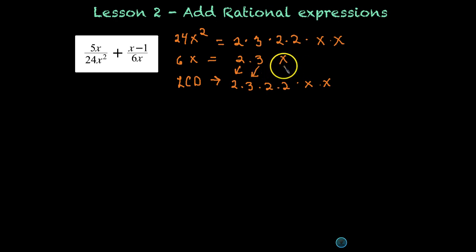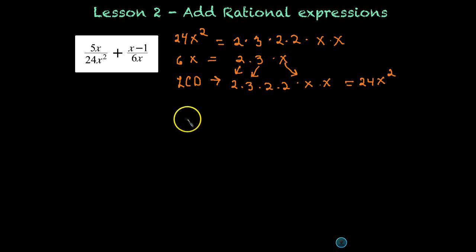We don't need to add that. And x, we already have an x. So we don't need to add anything to our lowest common denominator. Our lowest common denominator will then be 24x squared. If you look at the problem, 6 goes into 24 and x goes into x squared. So 24x squared is a fine lowest common denominator.